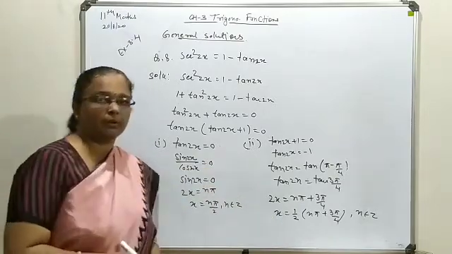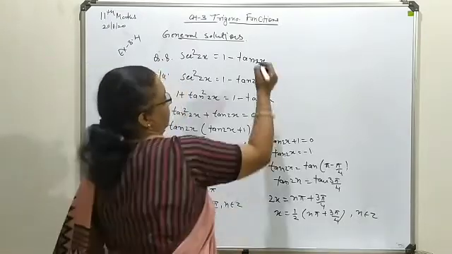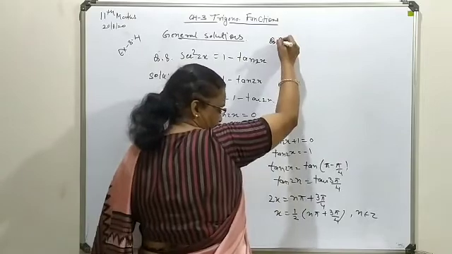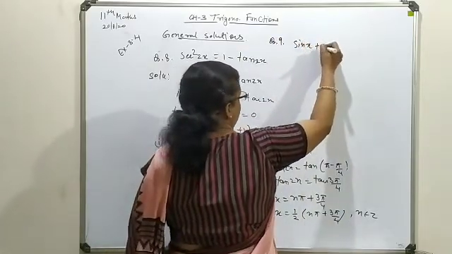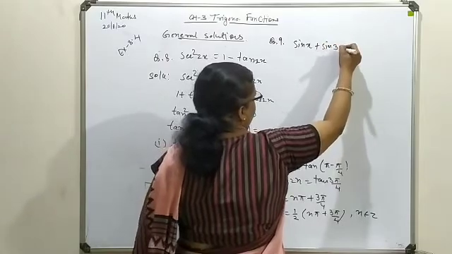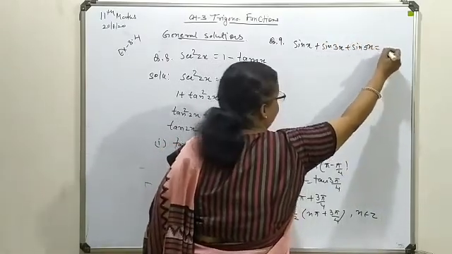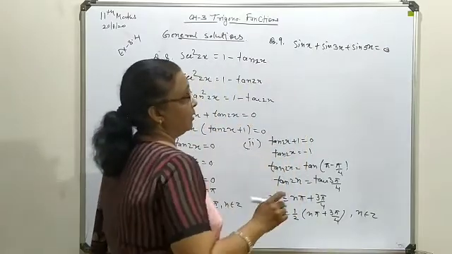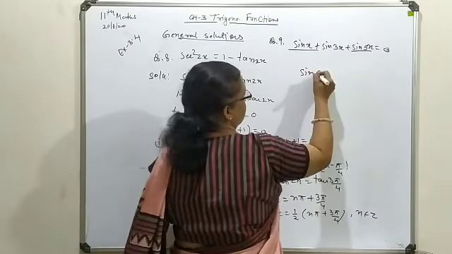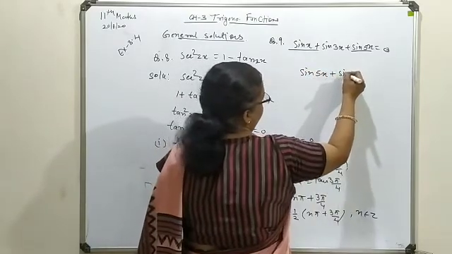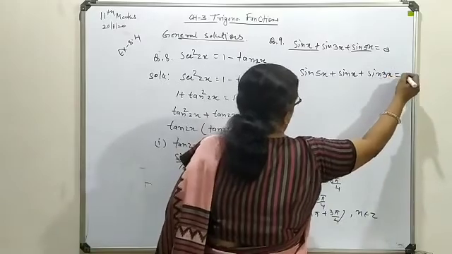In short, I am giving you a hint for the last question, question number 9, in which the terms are available as sin x, sin 3x, sin 5x. Here first you combine these two, so sin 3x you will create as a common term.